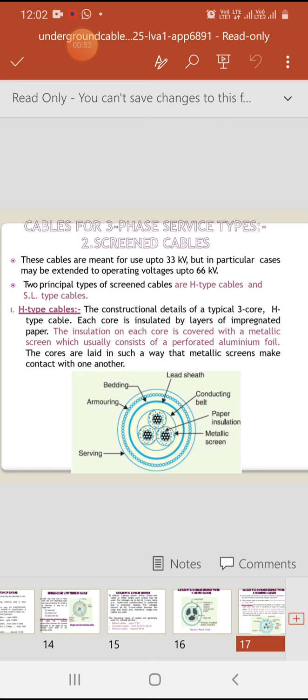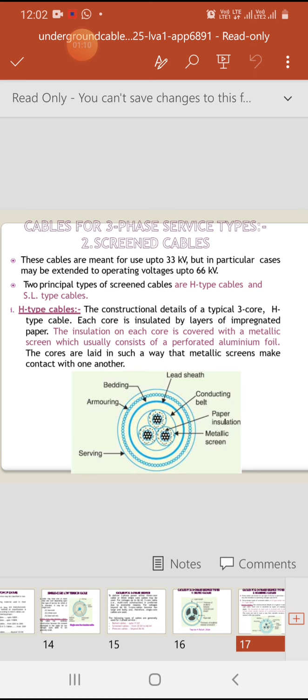Here we are talking about a cable that has no insulating belt, but lead sheath, bedding, armoring, and serving are used as usual.